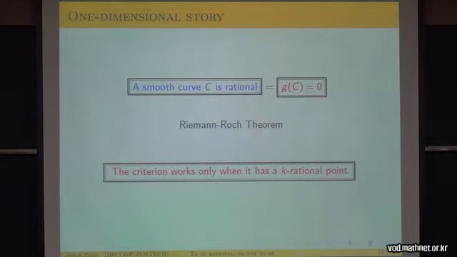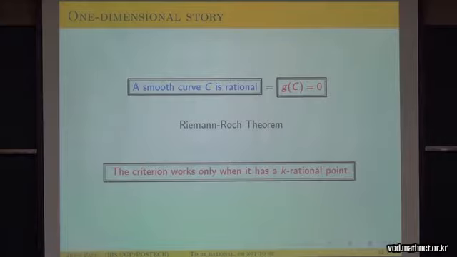For example, you may consider x squared plus y squared plus z squared is 0 over Q. It has no k-rational point.